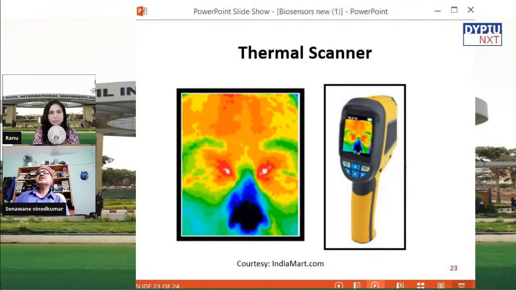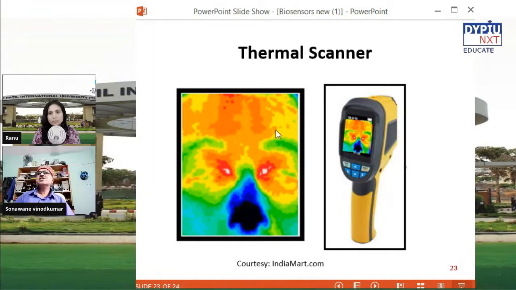So it gives you the portion of the nostrils, right? With the sense of temperature without any digital reading, it gives you a color sense. Blue shows less warm, red shows the more warm body temperature, and green shows in between.